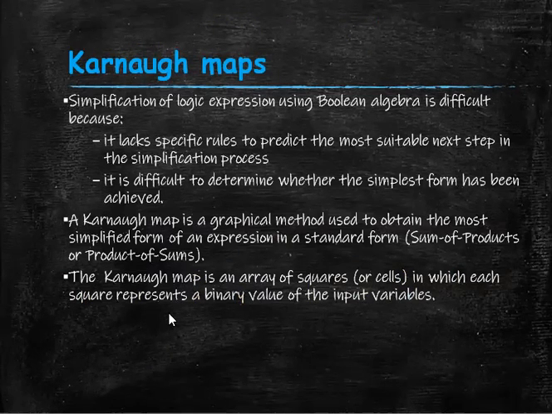The Karnaugh map, or K map, is an array of squares or cells in which each square represents a binary value of the input variable.